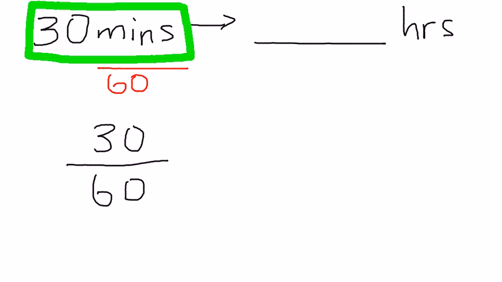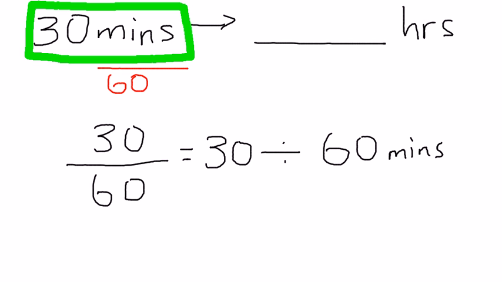Now what does the over mean? It actually means you are taking 30 minutes divided by 60 minutes in 1 hour. Okay, so 30 over 60.